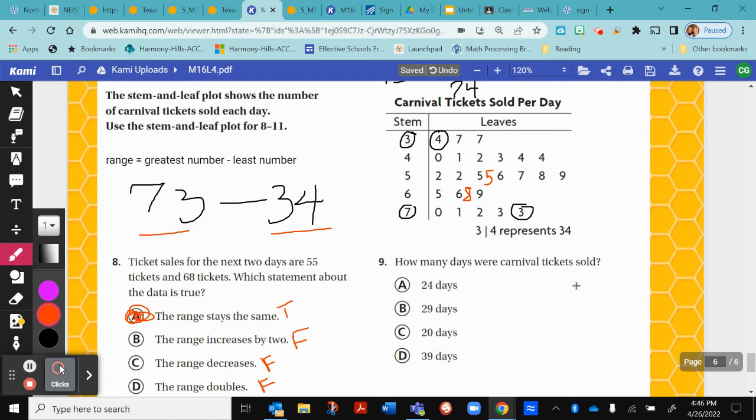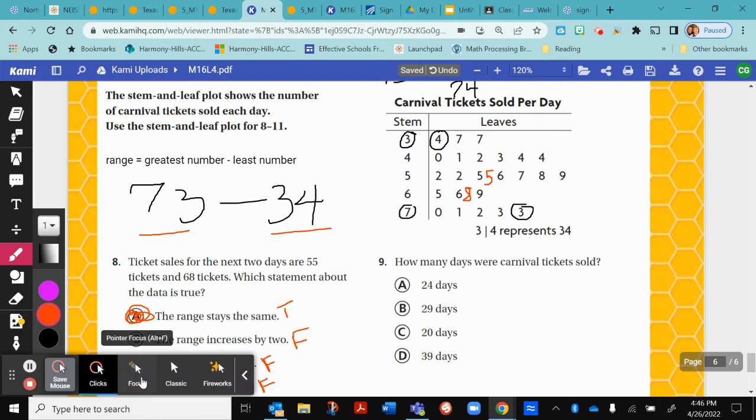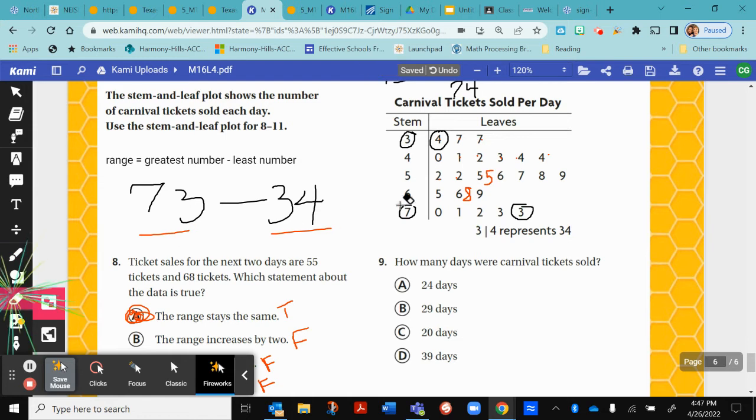How many days were carnival tickets sold? All right, well, let's go ahead and 1, 2, 3, 4, 5, 6, 7, 8, 9, 10, 11, 12. And I'm going to erase that one because this is the one I just added in.